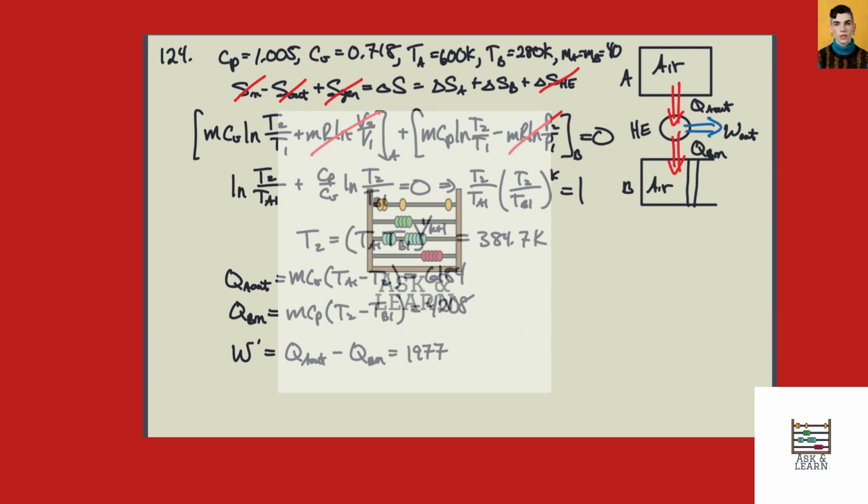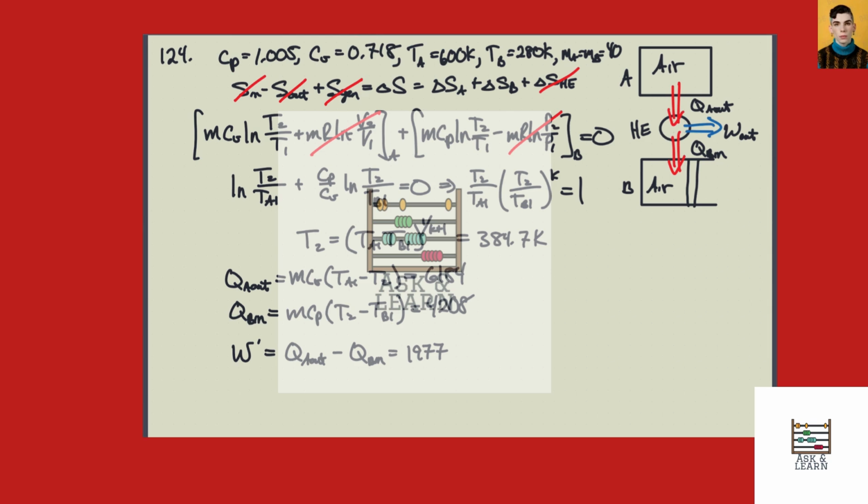Now, what else are we told? We are to determine the maximum work that can be produced by the heat engine and the final temperature of the tank, assuming constant specific heats at room temperature. That these are constant is probably not a great approximation, but we'll use it anyway.